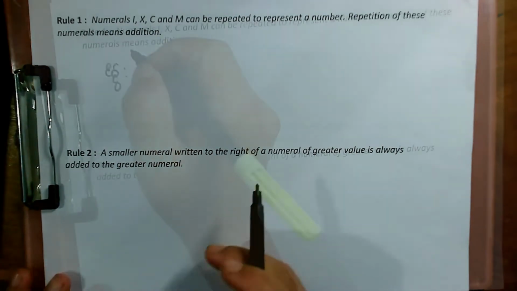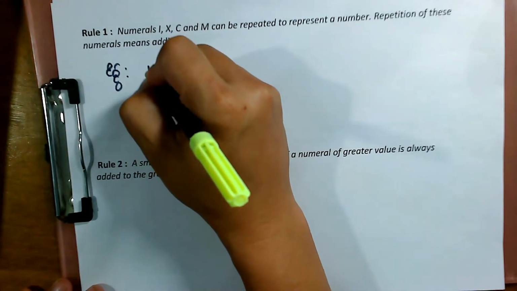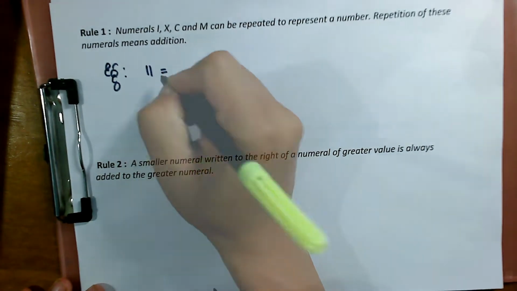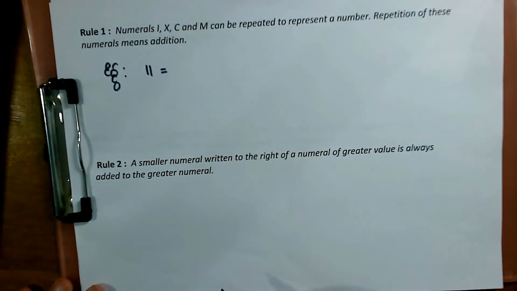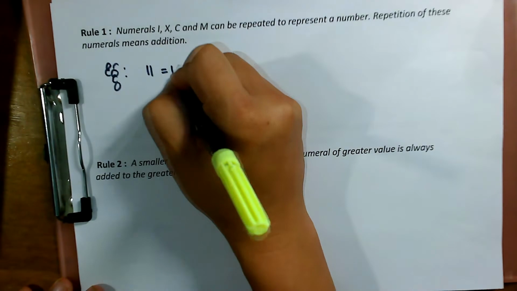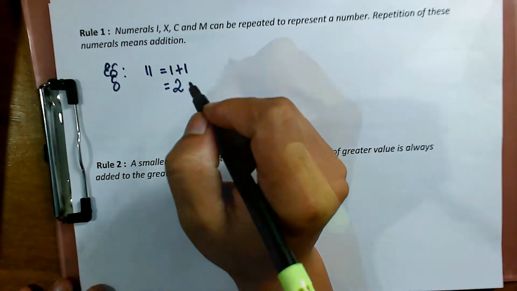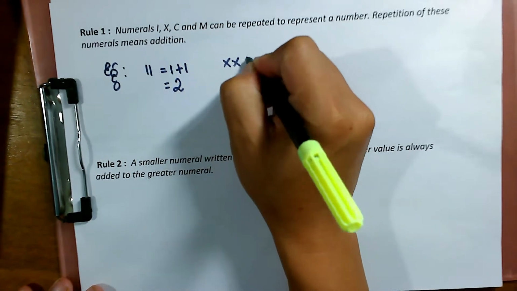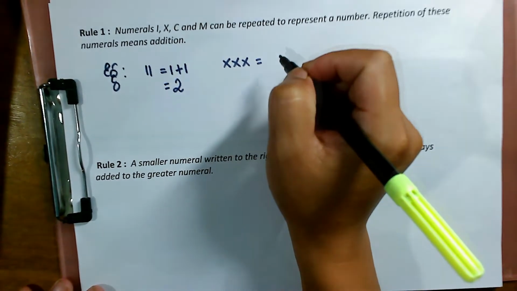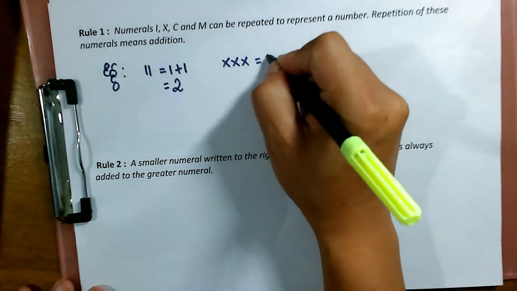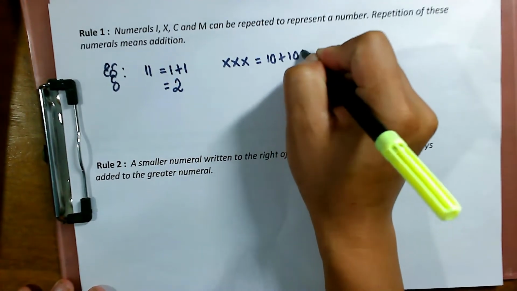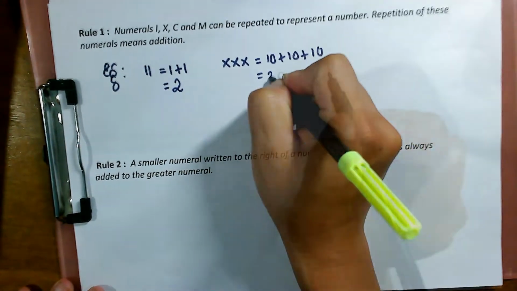So example is, let's say II equals 2. So the value of I is 1. So 1 plus another I, 1 equals 2. So likewise XXX equals 30. The value of X is 10. So 10 plus 10 plus 10 equals 30.